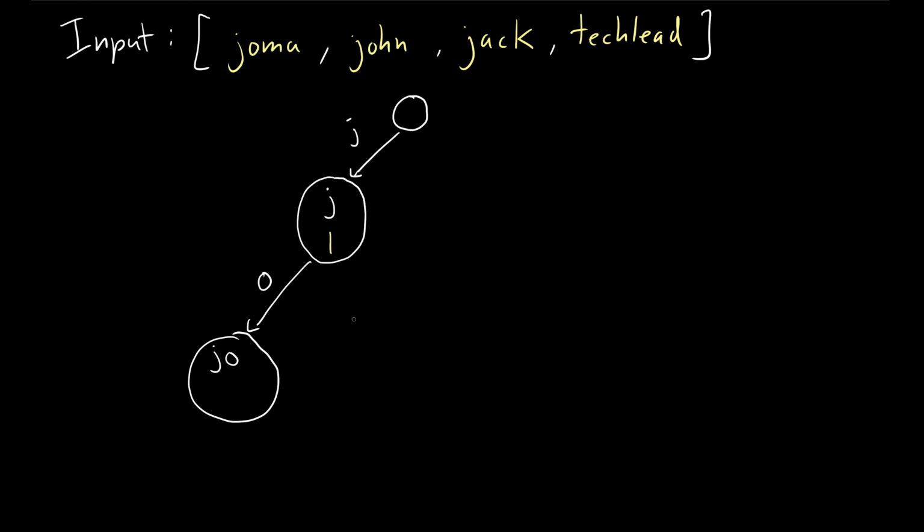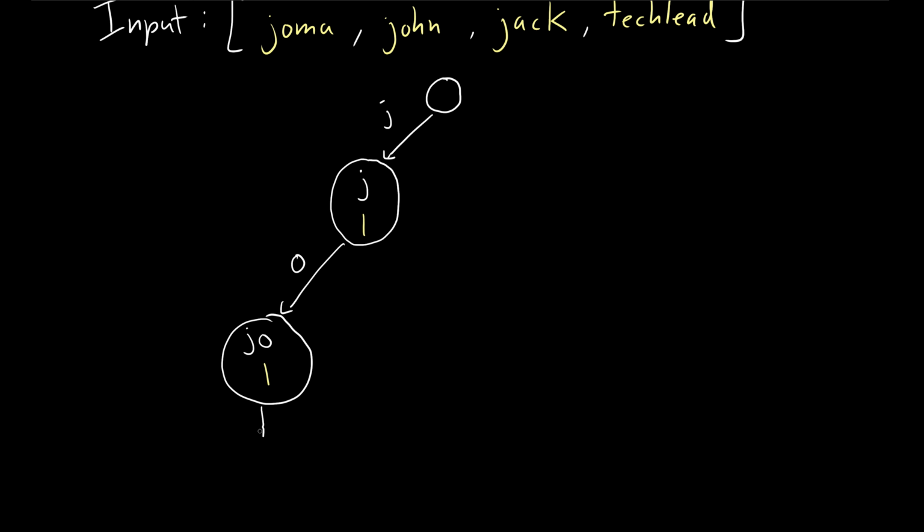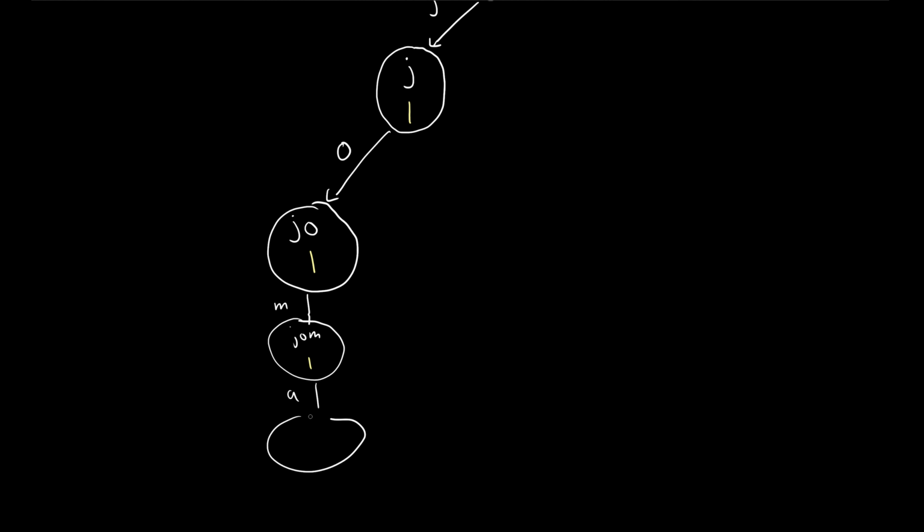And then the count is 1 still. We don't actually need to have these strings in our nodes, but it's just mostly to show you guys what's going on. Here we're going to have M, and then so we have J-O-M, and then finally we have A, which is J-O-M-A for Joma, and we have 1 of them.